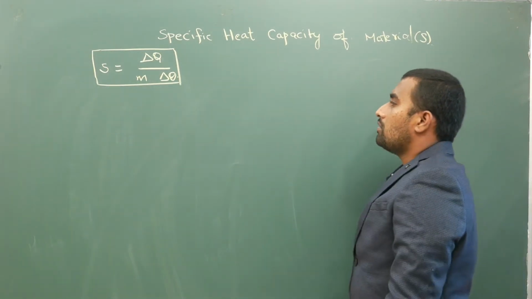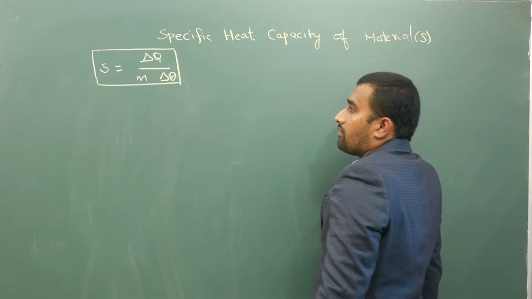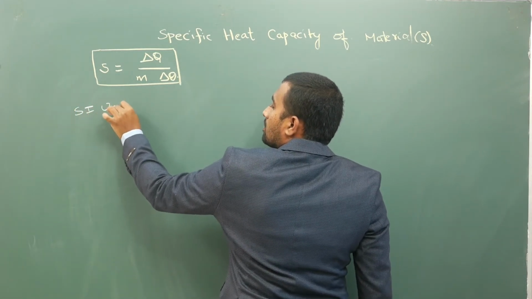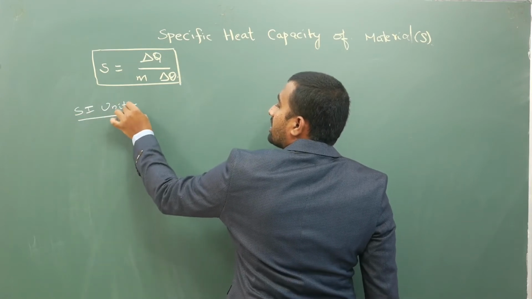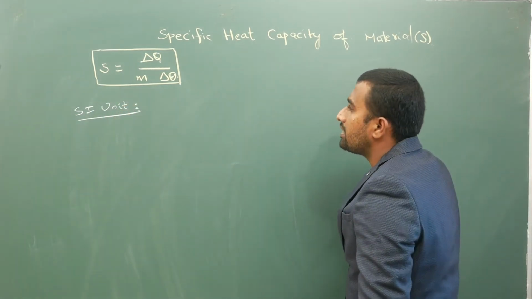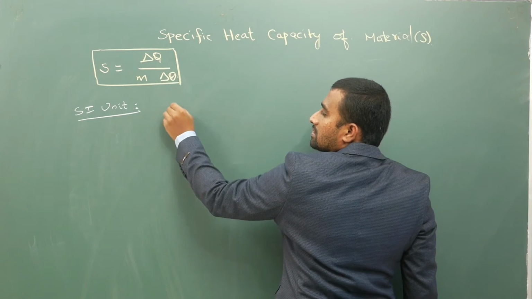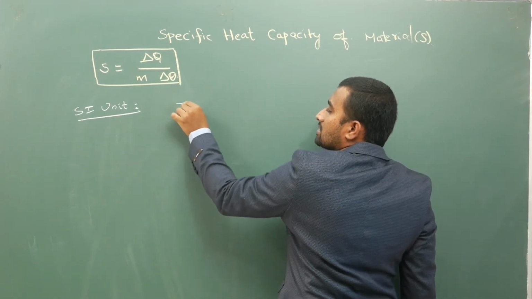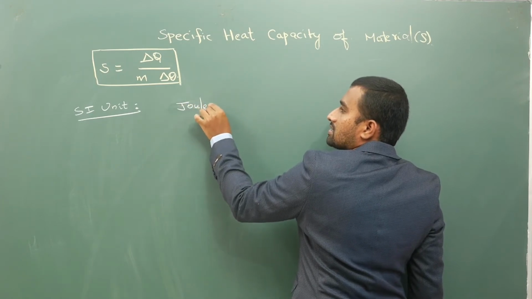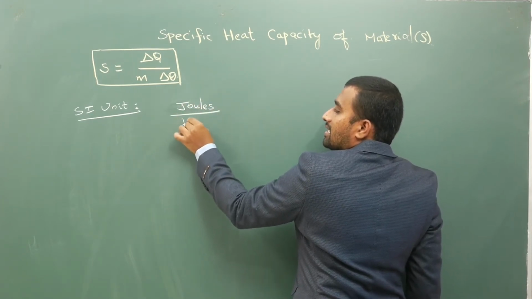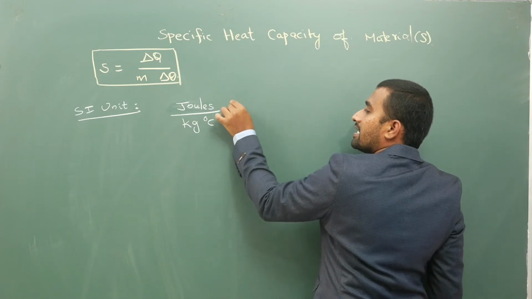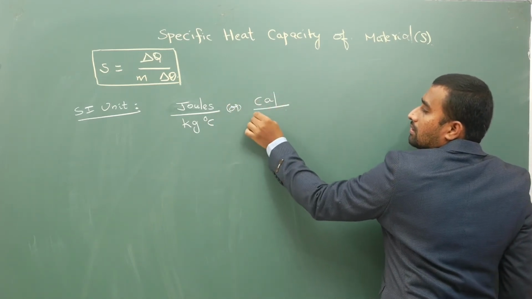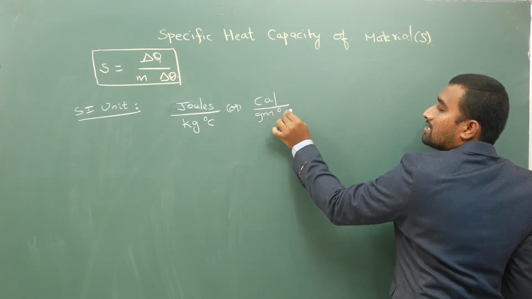Now from here, what is the SI unit? Your delta Q is in joules, so the unit is joules per kg degrees centigrade, or you can write it as calorie per gram degrees centigrade.